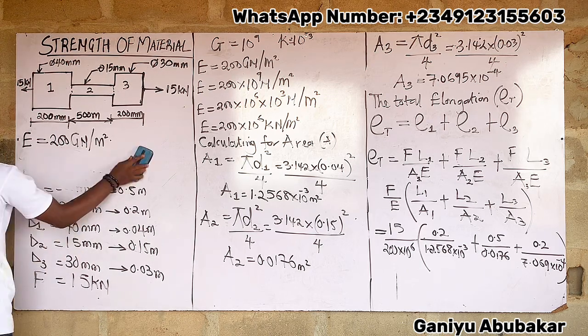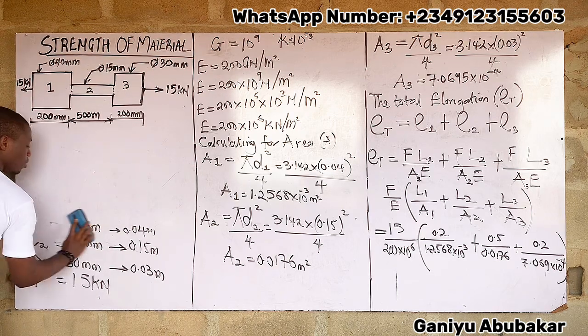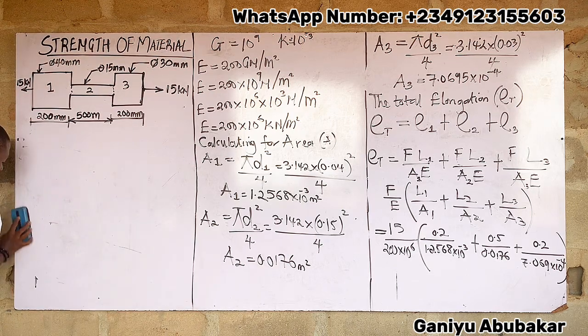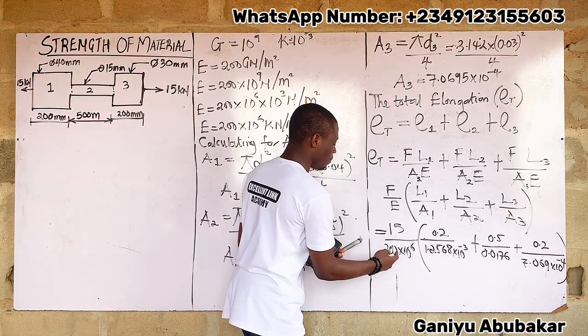So from here now, let's get this done, please. So another task is done here. Let's divide 15 by this first.